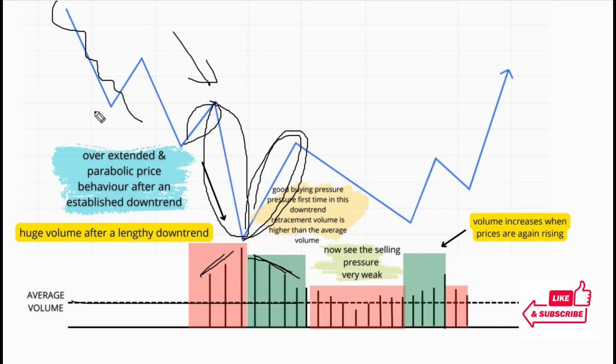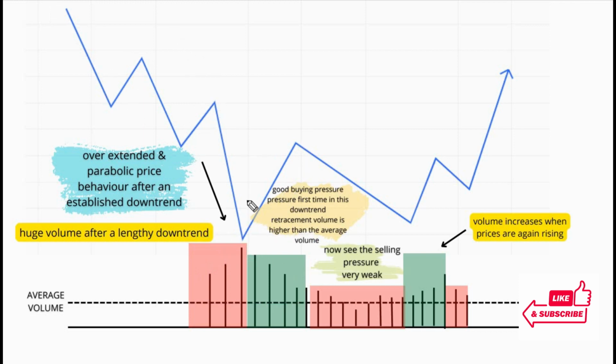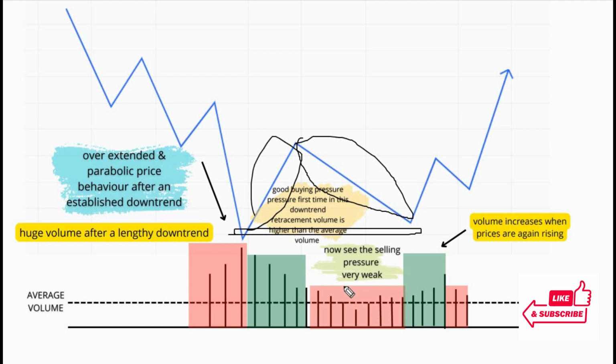Earlier the pullbacks were very weak, but now the pullback is very aggressive from this price area, which is indicating that this area is very important for the bulls. And see the selling leg, after this strong buying momentum, the selling pressure is very weak. So this is indicating that prices now could reverse from this downtrend to an uptrend.